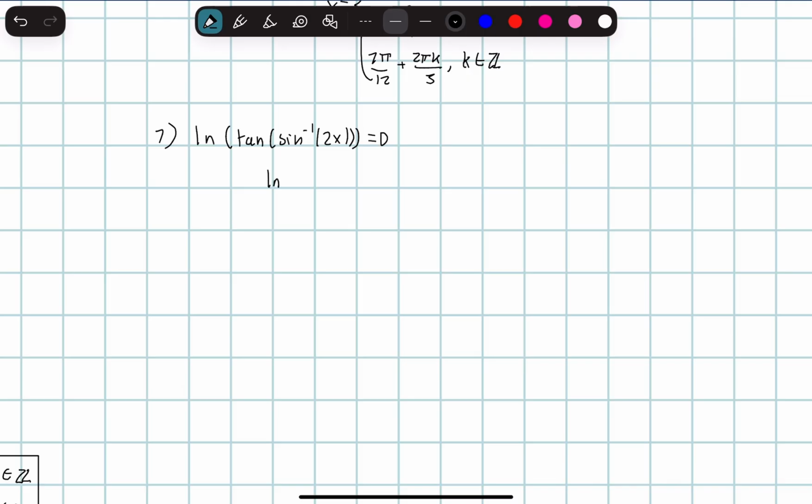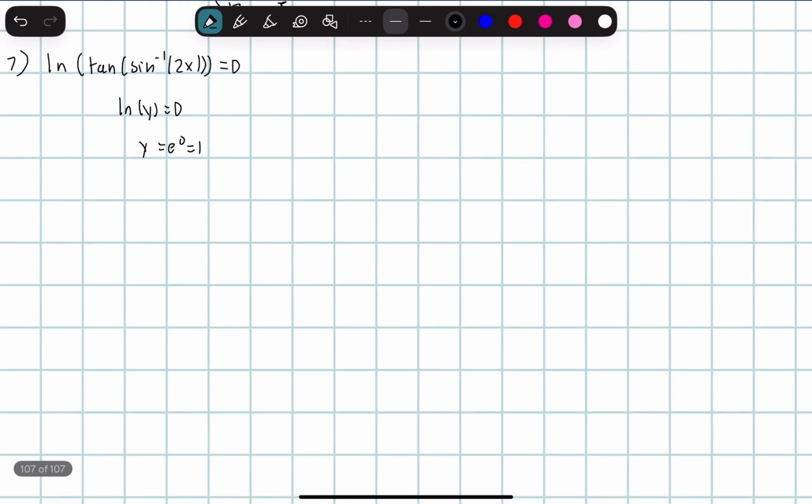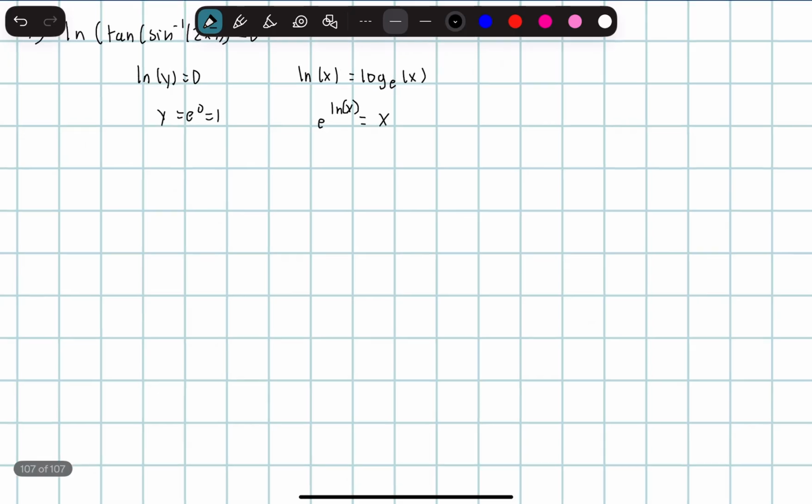Now let ln of y equal 0, so therefore y is equal to e to the 0, which is 1. Remember ln is the natural log, so ln of x is log base e of x, and ln of e to the x is just equal to x.